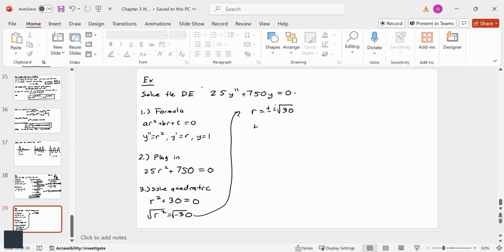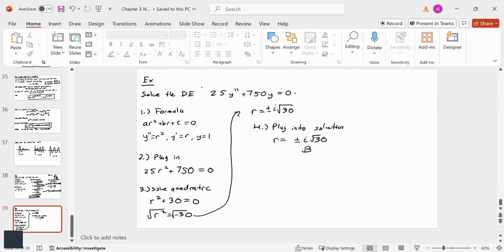And then step four is plug into solution. So r is equal to alpha plus or minus beta i, which is equal to plus or minus i square root 30.